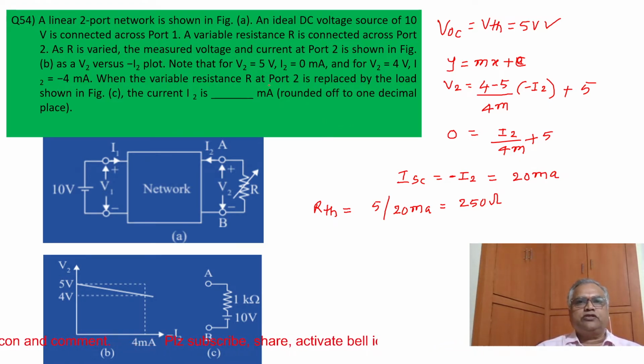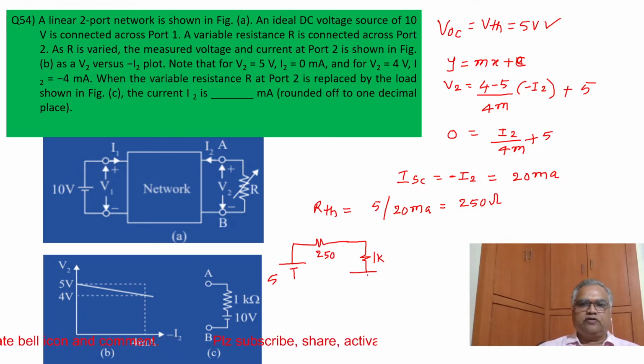When the variable resistance R at port 2 is replaced by the load, now you connect the Thevenin equivalent. What is V Thevenin? 5. What is R Thevenin? 250. What is the load connected? This is 1K, then 10 volts.